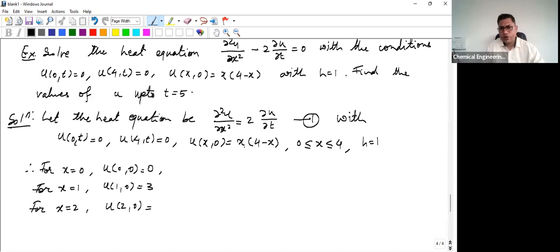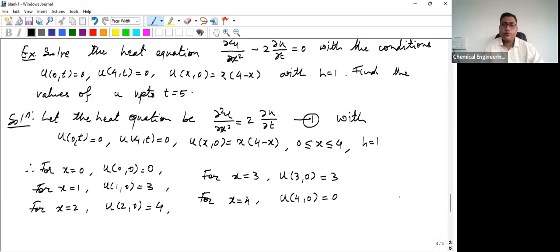If I put here, this is going to be 4. Then for x is equal to 3, we have u of 3, 0. If I put here 3, then I'll get 3. So for x is equal to 4, again I have u of 4, 0 is going to be 0. Okay, so is there any doubt up to here? Are you getting these values?